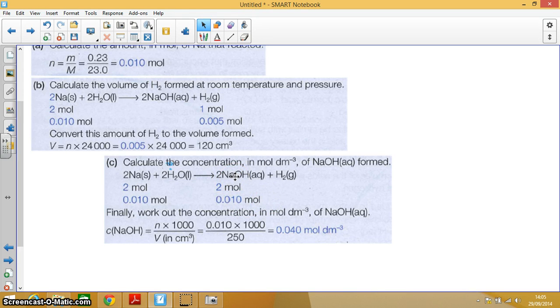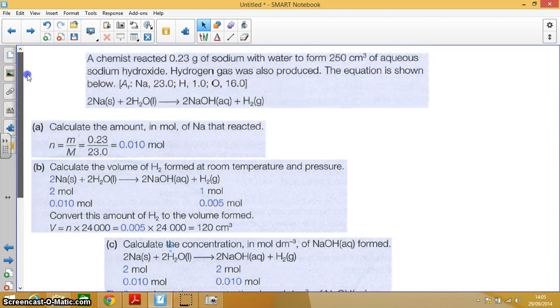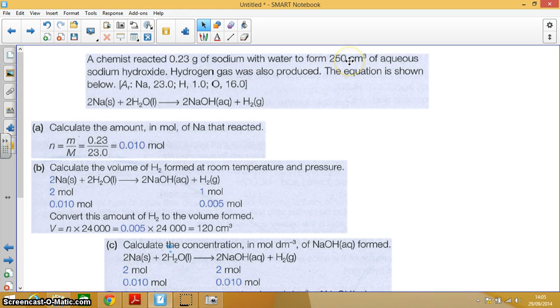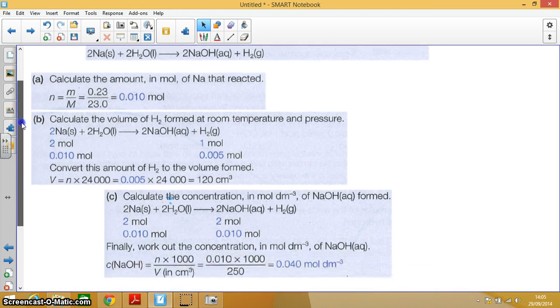And the final stage of this calculation then is to consider, well, we've got 0.01 mole of sodium hydroxide, but it's in 250 centimeters cubed.